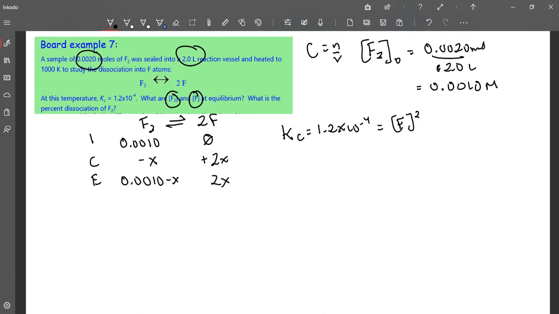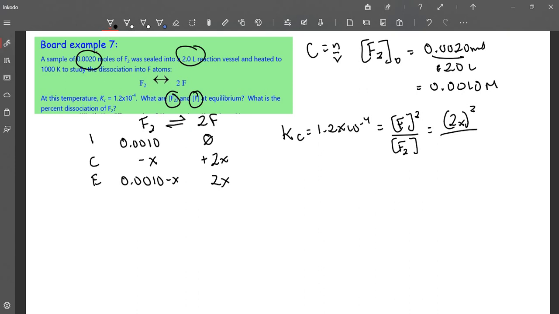Products over reactants. Right, so this is our expression. We have expressions for these individual concentrations, and they are here. Just plug them in, straight from your ICE table.